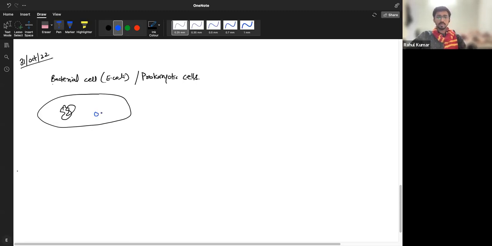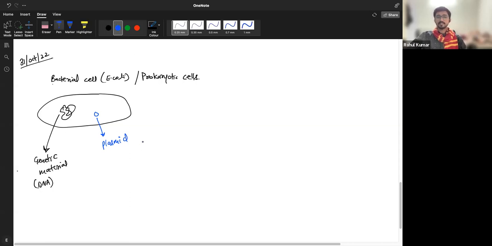They have small circular DNA, which is known as plasmid. Have you heard of plasmid? This is the genetic material, which is DNA.